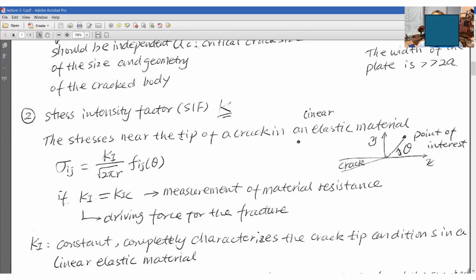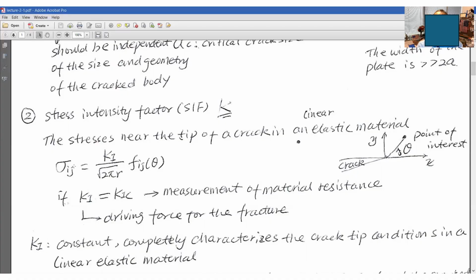Ki is the stress intensity factor for mode 1, r is the distance between the point of interest and the origin, and this guy is a function of theta, which is the angle formed by the x-axis and the line between the point of interest and the origin.